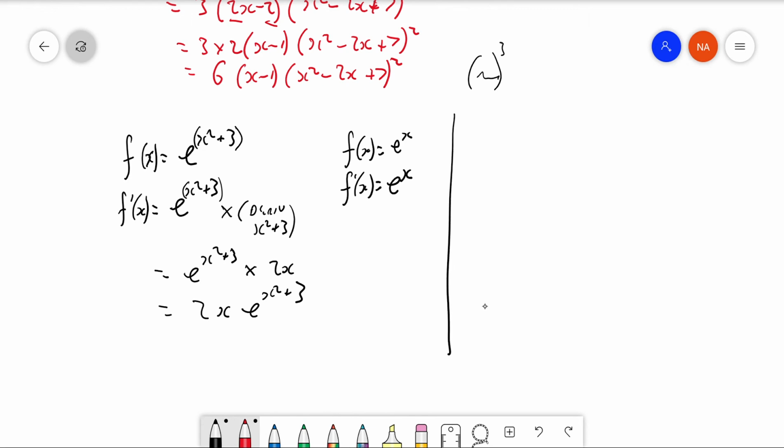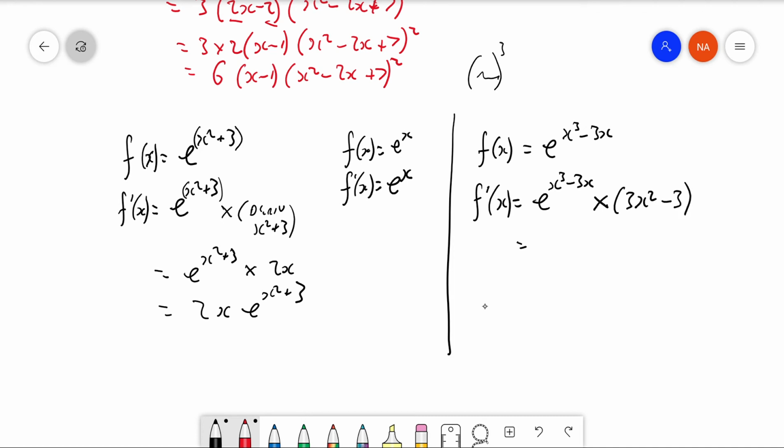So if I do another one, if this time my function was e to the power x cubed minus 3x, then the derivative, well, e's stay the same, so you just write the same. But you have to multiply by the derivative of all that top part, which will be, and I'll put it in brackets because there's 2 bits, 3x squared minus 3, which should be 3x squared minus 3 e to the x cubed minus 3x.